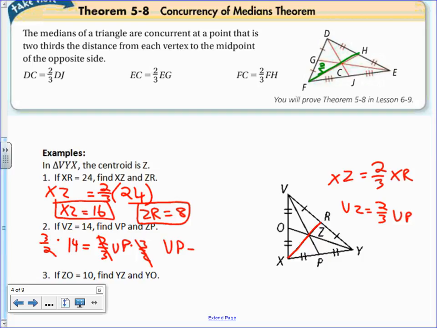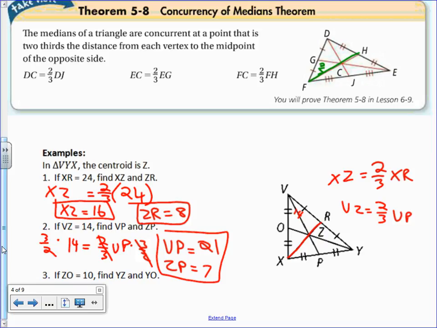VP is going to be equal to 3/2 of 14, that's going to be 21. And if VZ is 14, then ZP, we know right away, has to be half of that, so that'd be 7. That makes up a total of 21. That's where we get those two answers from.